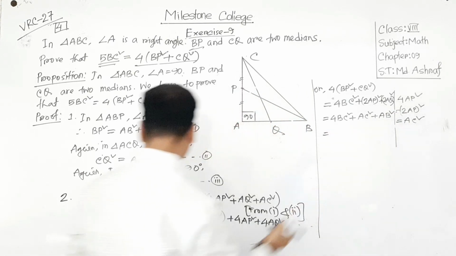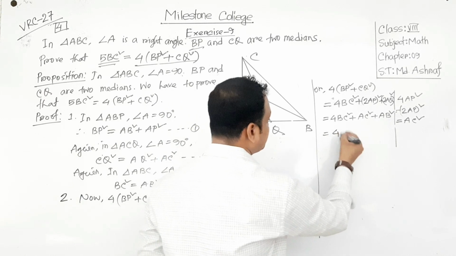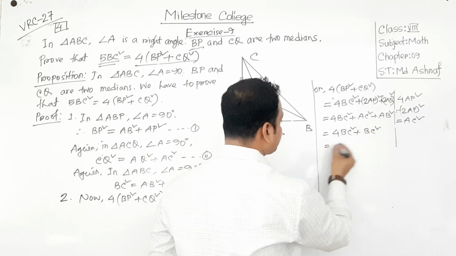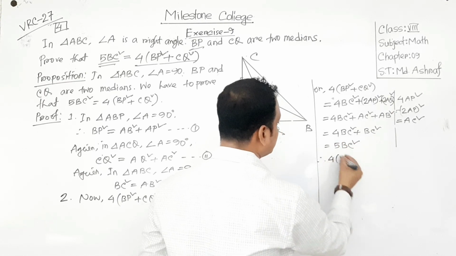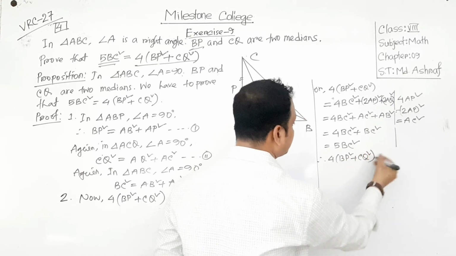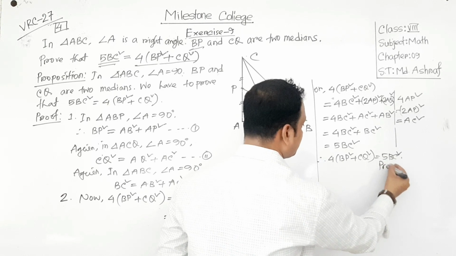Now AC square plus AB square, that means BC square. So we have got 4 BC square plus BC square, that means 5 BC square. Therefore we have got 4 BP square plus CQ square equals 5 BC square. This is proved.